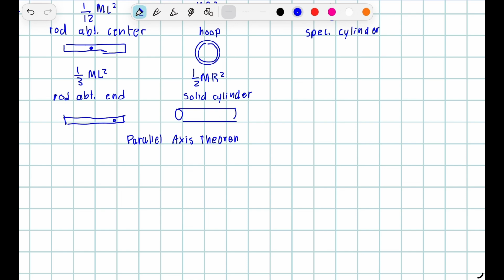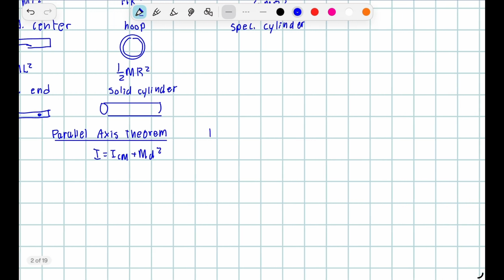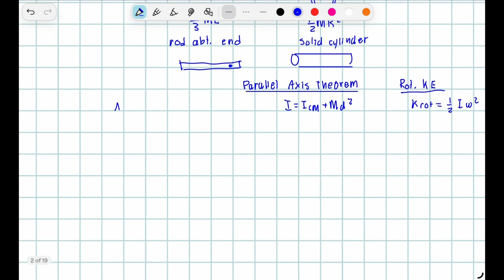Now for the parallel axis theorem, plus m d squared. Now for rotational kinetic energy, now for angular momentum, this is for a rigid body.